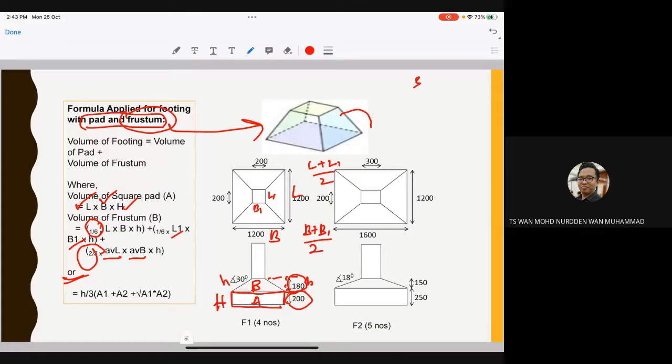How do we get A1 and A2? We get the length and breadth, length times breadth, A1, A2, L1 times B1, plus square root of A1 times A2. Whichever we are comfortable with. But for me, I think this one is simpler.